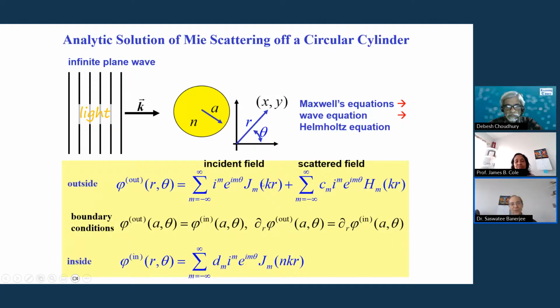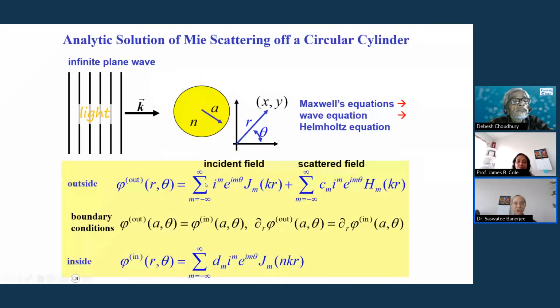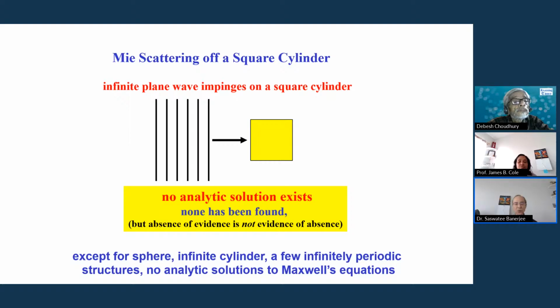Even if you have the analytic solution, you have to sum all these Bessel and Hankel functions. Now, if you had a square cylinder, there is no analytical solution. Why not? You have to match the boundary conditions: the wave field must be continuous across the boundary, and the normal derivative, inside and outside, must be the same. There's no solution, so you absolutely must have some kind of numerical method.